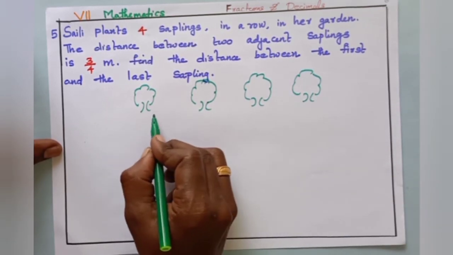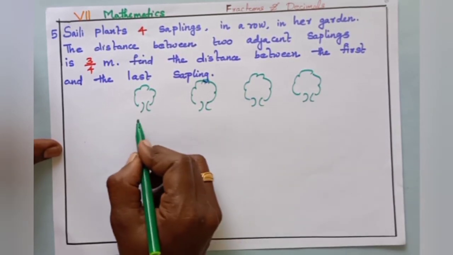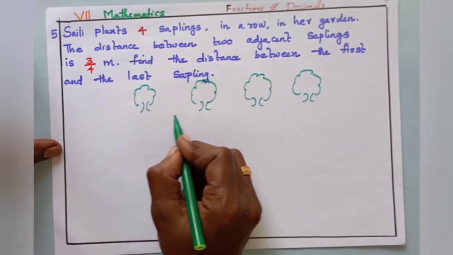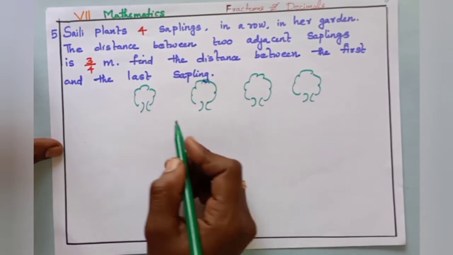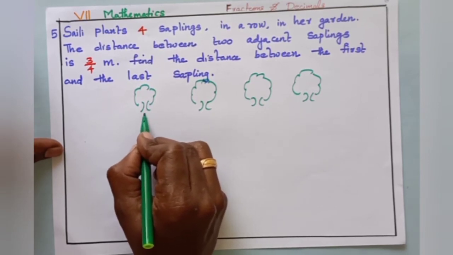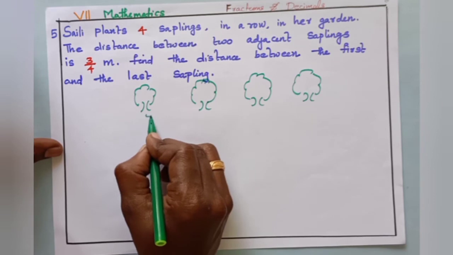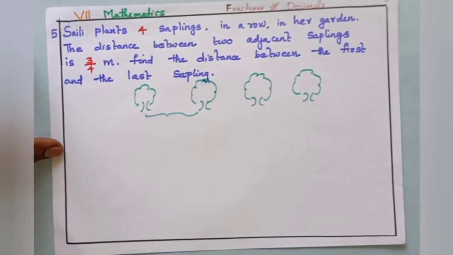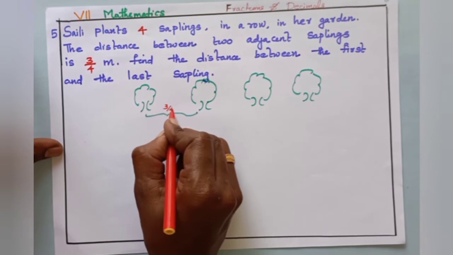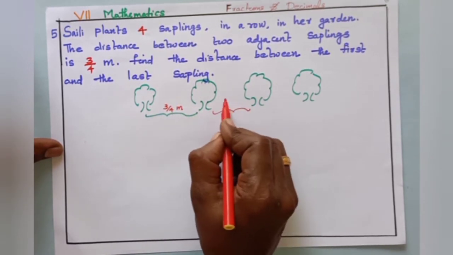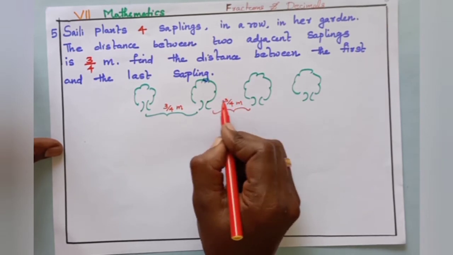See, these are the 4 saplings arranged in the row. The distance between 2 adjacent saplings is 3 by 4 meter. Same as here also 3 by 4 meter.